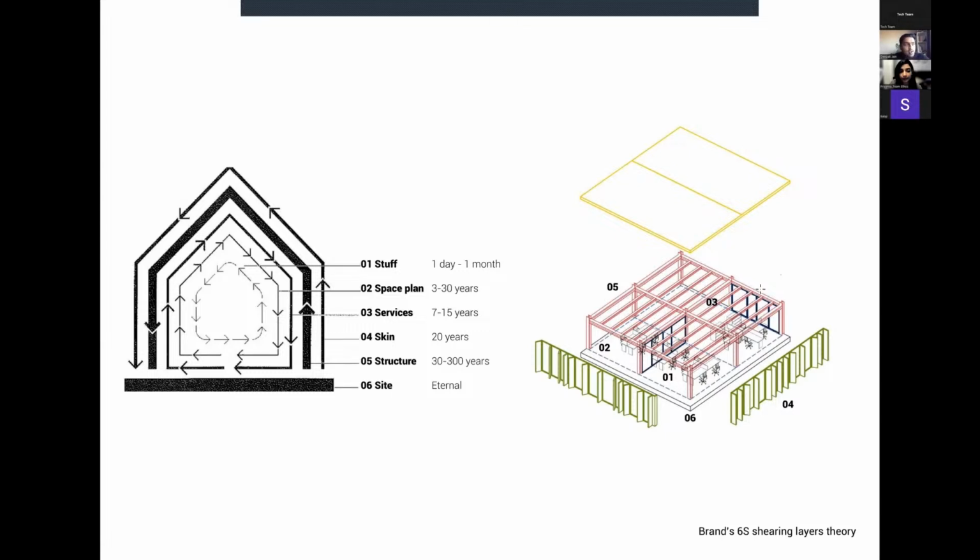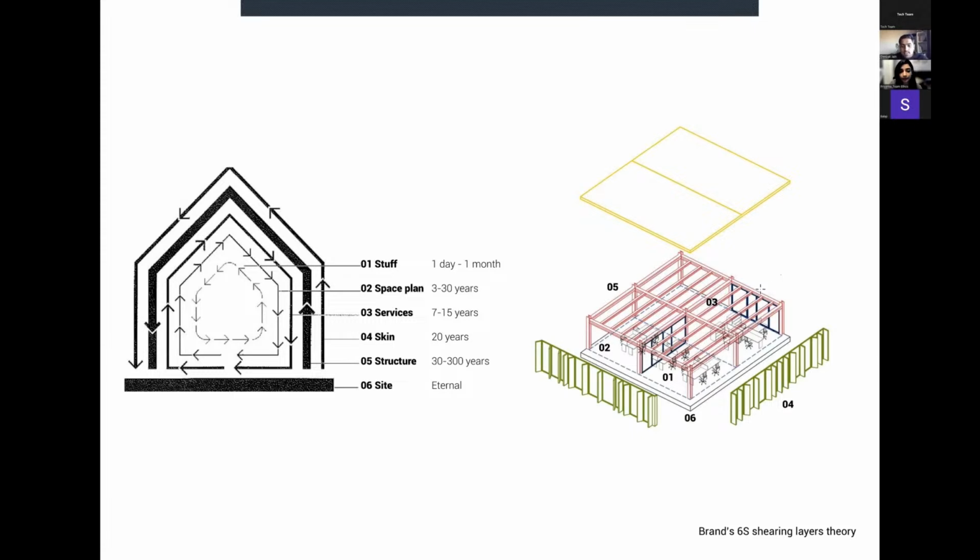The site is always existing in the environment, as we know. And when we build a structure, it is generally a robust structure which lasts around 30 to 100 years, or sometimes in a heritage site, around 300 years. And the skin generally adapts or changes within a time course of 20 years or so, due to a change in aesthetics or technological advancements in the facade, or to renovate or repair the facade as such.